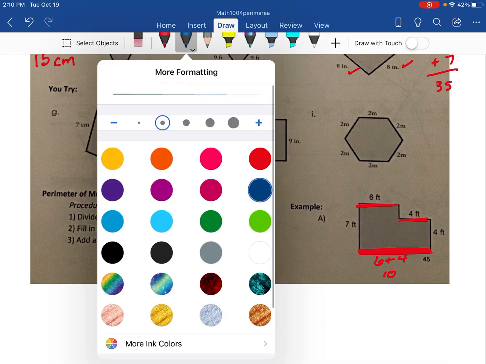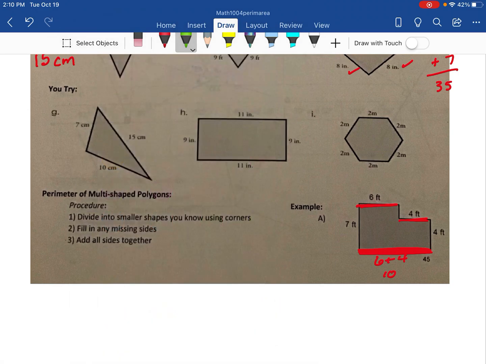The other side we need to figure out is this side here. That side's going to be 3. How did I know? This vertical is 4, this vertical is 7, so this little bit must be 3.